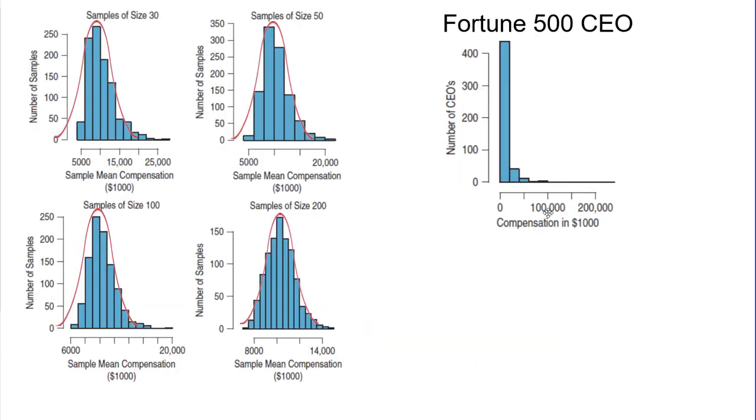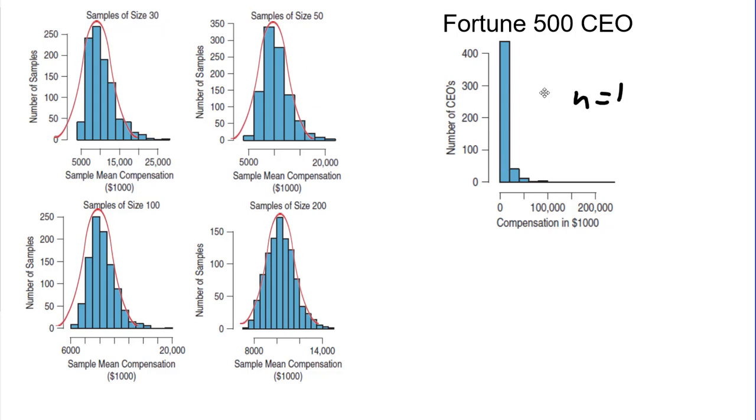Here's another one. What's really powerful about the central limit theorem is that it works even when the population itself is heavily skewed. So this is when we have a sample size of 1. So n is equal to 1, right? That's the population. If we just sample sizes of 1, we're just sampling the population, or our sampling distribution would be the population at that point. So it would still be skewed. But as we do a sample size of 30, now why do we have to use 30?